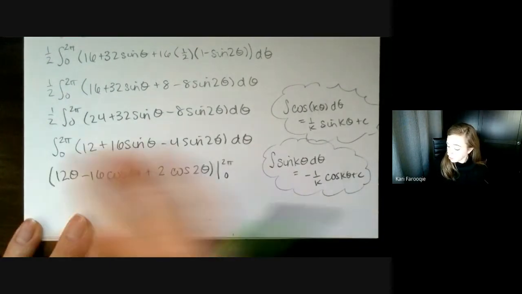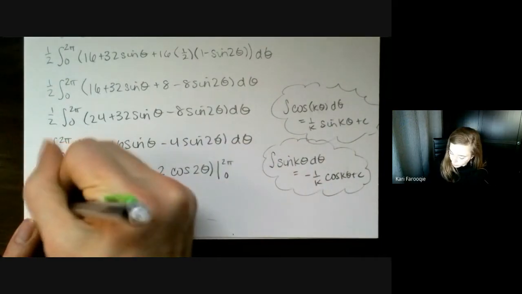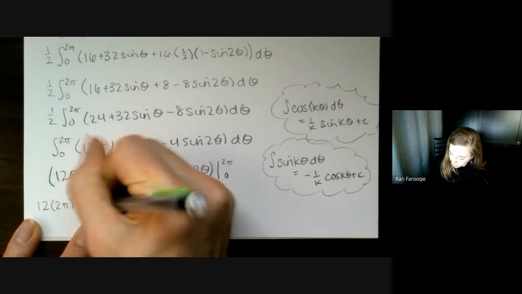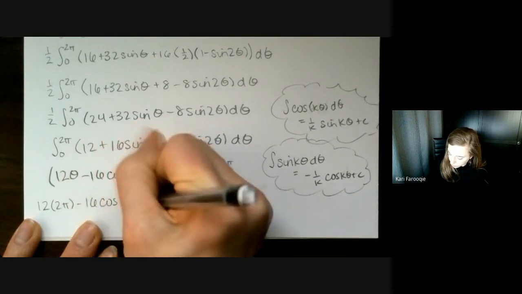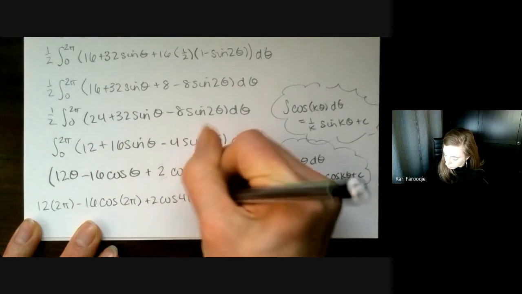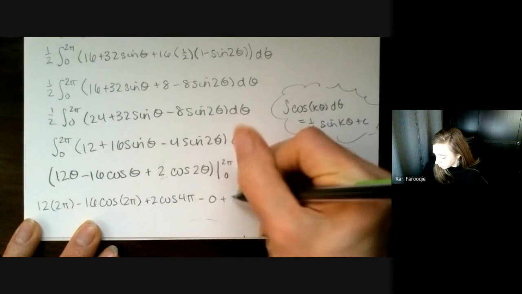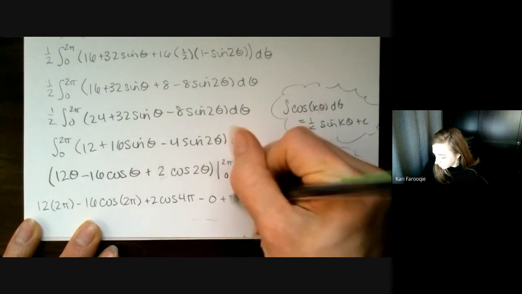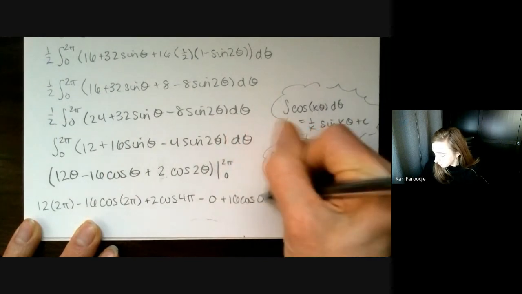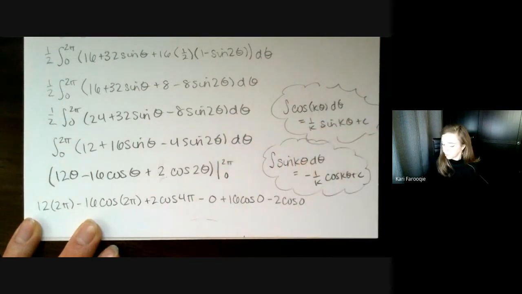All right, so now we're just going to evaluate this from 0 to 2 pi. So you'll have 12 times 2 pi minus 16 times the cosine of 2 pi plus twice the cosine of 4 pi minus 0. Don't forget to do your minus a negative in this case: cosine 0 minus 2 cosine 0.